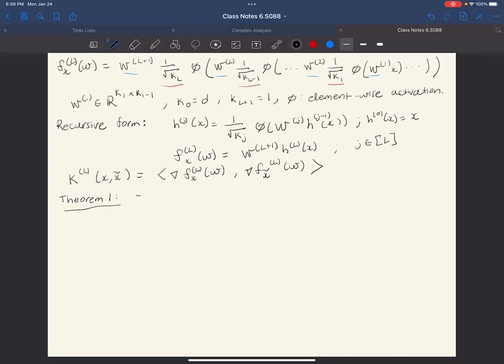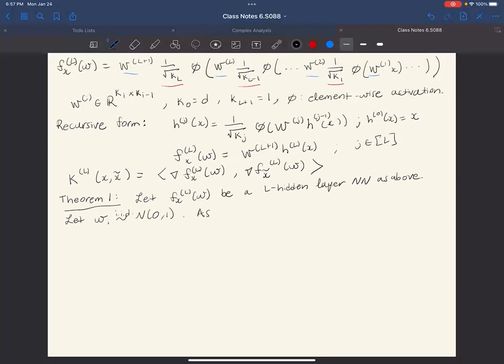Let f_L of x at W be an L hidden layer neural network as above. Now consider the case where all the parameters in W are sampled IID from a standard normal.